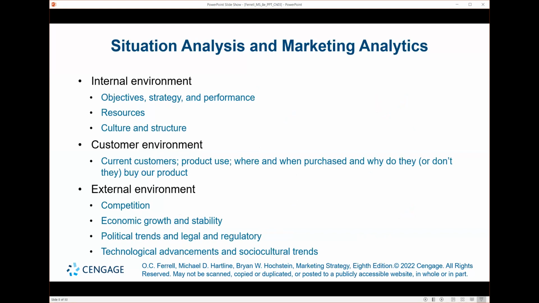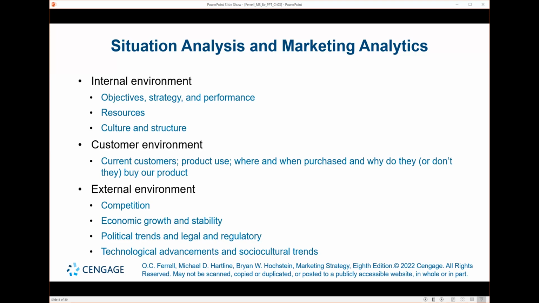So how do we use this, or what's its most valuable piece? Well, it all comes down to using marketing analytics in putting together our situation analysis, looking at our internal environment, our customer environment, and our external environment, so that we have more information to be able to make better decisions.